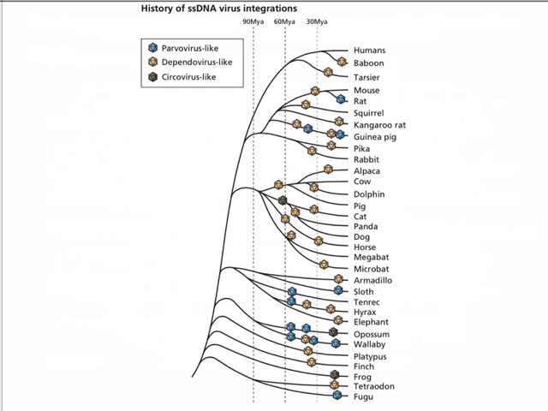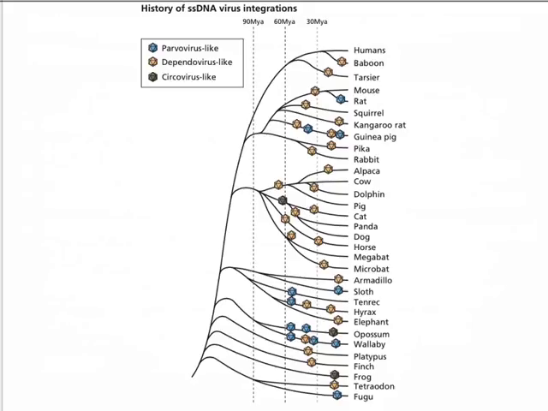Here's an example of this kind of phylogenomics using pieces of single-stranded DNA virus that happen to be integrated into host DNA species. So for example, we've got parvoviruses and circoviruses, and you can tell roughly when these integrated into the genome, 30 million, 60 million, 90 million years ago by the speciation, where they are in the chromosome and whether they occurred at a certain point in phylogeny.